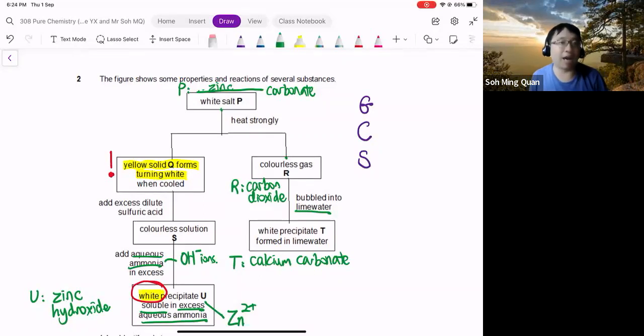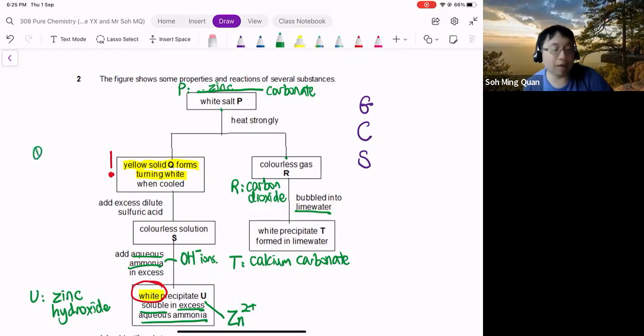Oh, it's white. Oh, solubility is soluble in excess ammonia. Then as Audric told us, is zinc. Therefore, P is zinc carbonate. It's not going to suddenly, U is zinc, then P is something else. Cannot be. It must be the same thing. That's called narrowing possibilities.